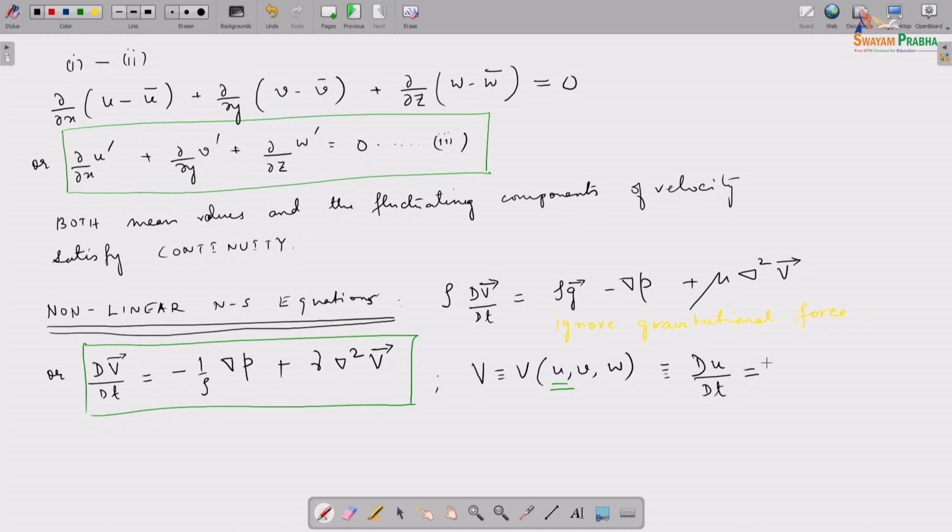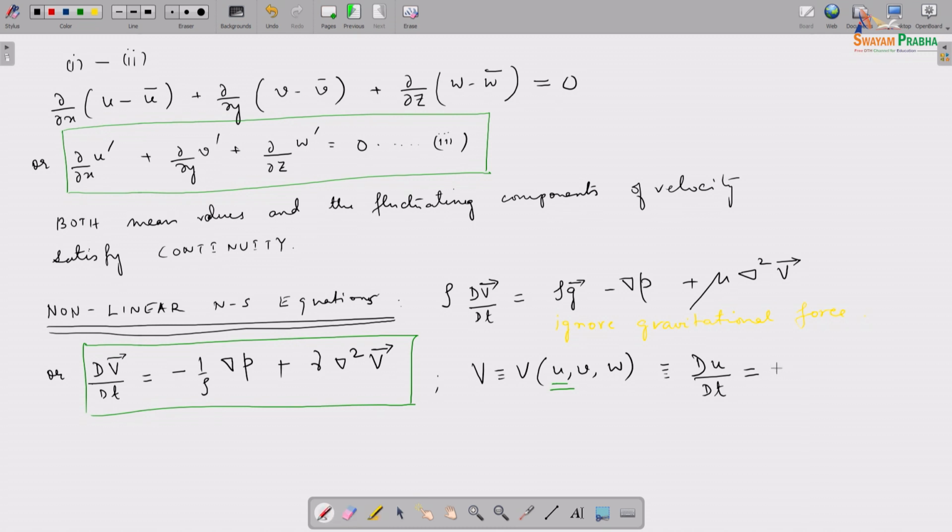Now you have to remember this. So, du dt is something which I will write out from this expression, which is nothing but the Navier-Stokes equation. Essentially taking u in the place of the v here, right, this is the total velocity.